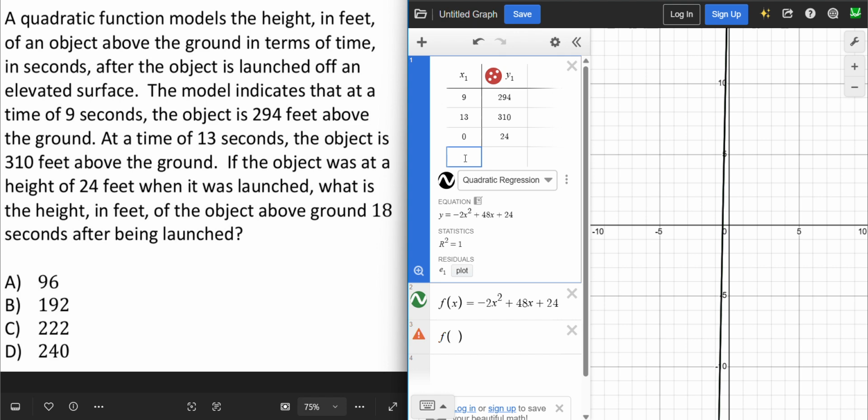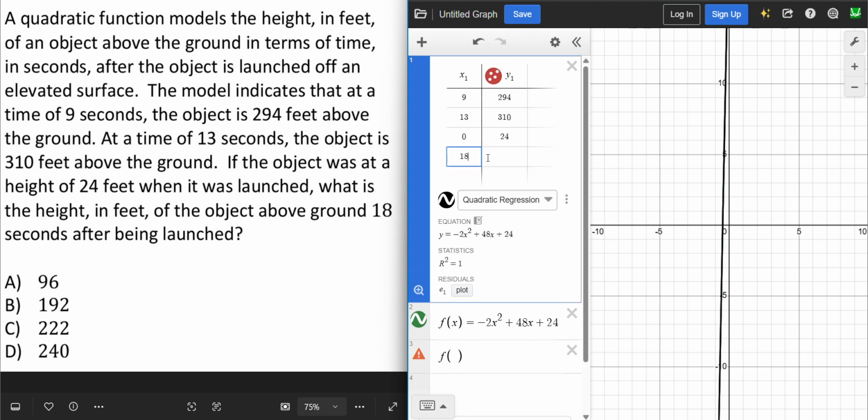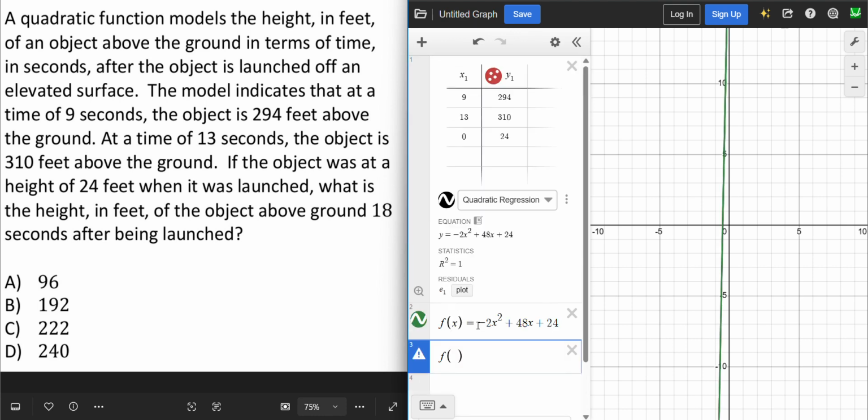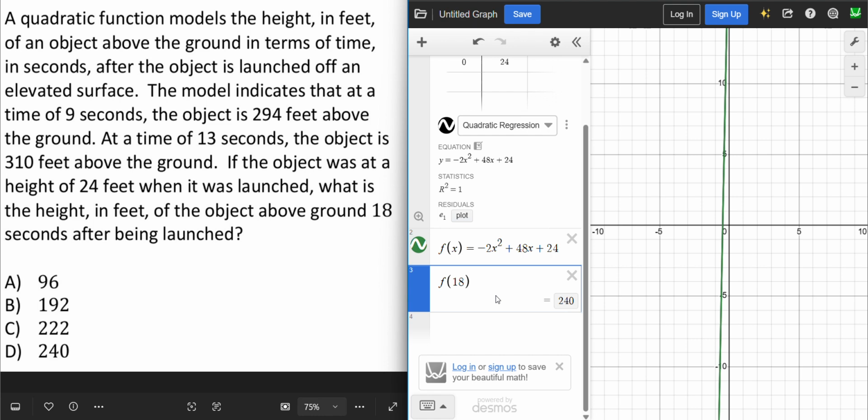What will be the height of this parabola, this equation, when something was thrown and it was at 18 seconds? We don't have to put much brain here, just put f(18) and we'll see it was at 240 feet up there.